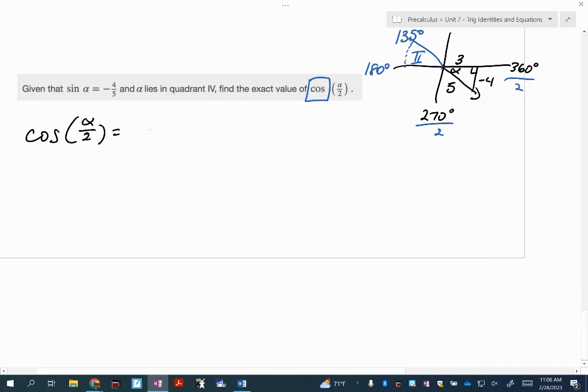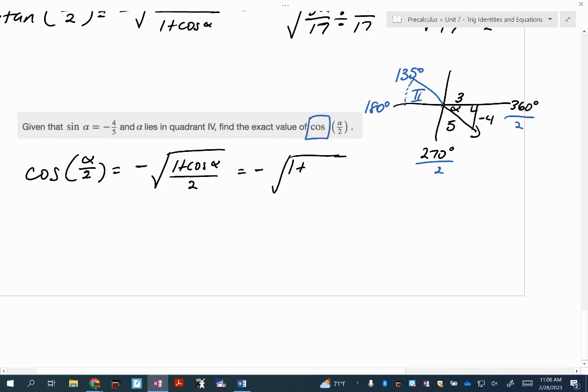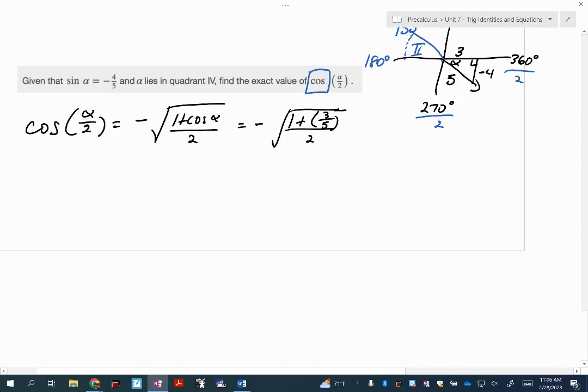So it's going to be the negative version of the square root of 1 plus the cosine of alpha over 2. Let's plug in what we know. The cosine is going to be the adjacent side, so 3 over the hypotenuse of 5, so 3/5 over 2. Let's add the tops.